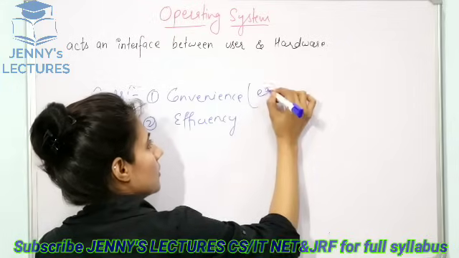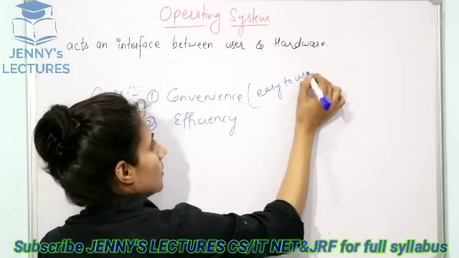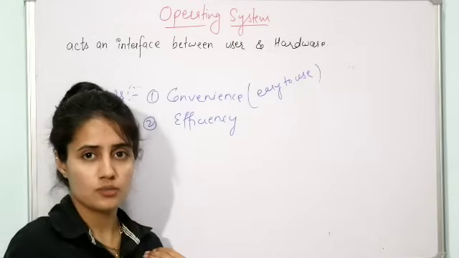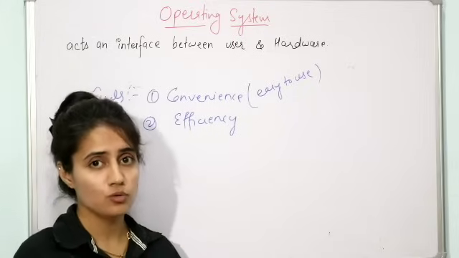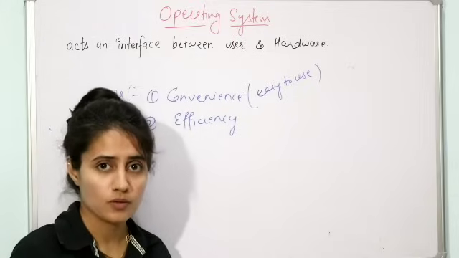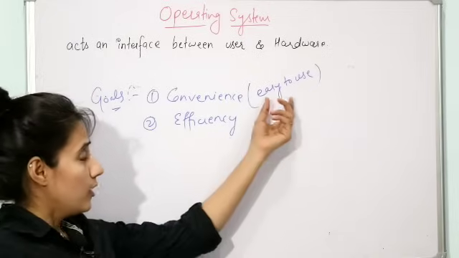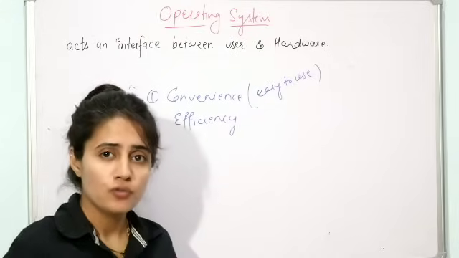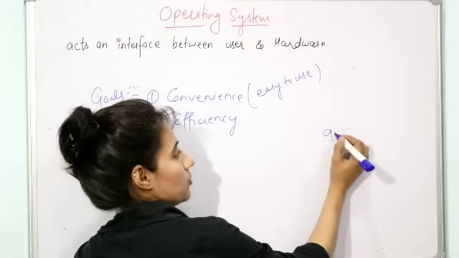It means easy to use or user friendly. Your operating system should be very convenient, very user friendly, very easy to use. That is why at one time the market share of the Windows operating system was 95%.